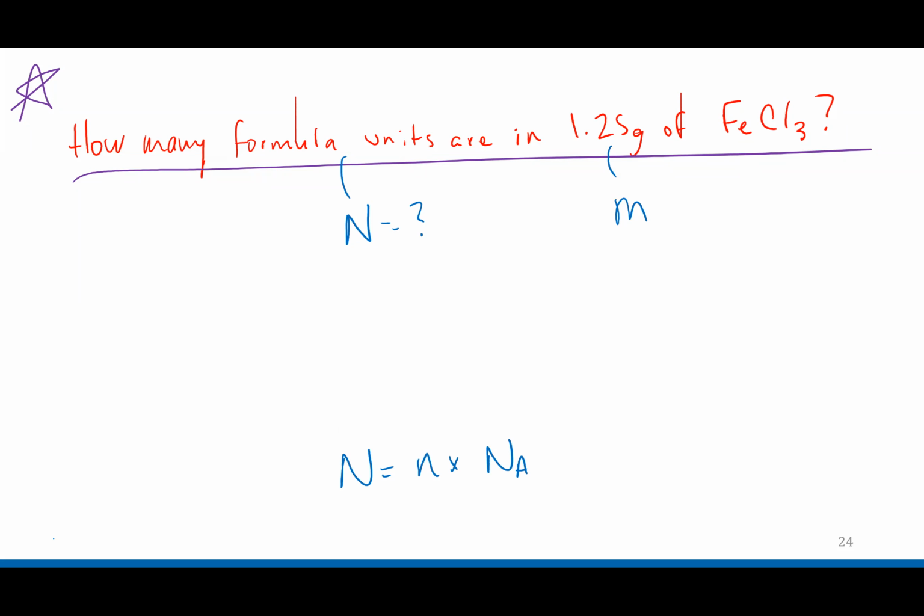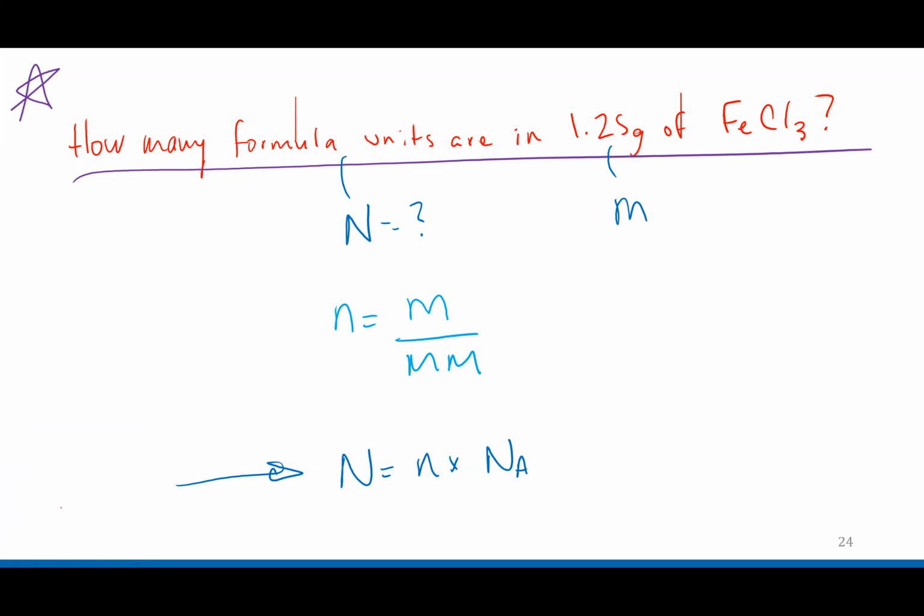And to do that, I need this equation here on the bottom of the screen. There's a problem though. I can't do this equation until I find moles. So the first thing I would do would be to calculate moles using my mass over the molar mass.